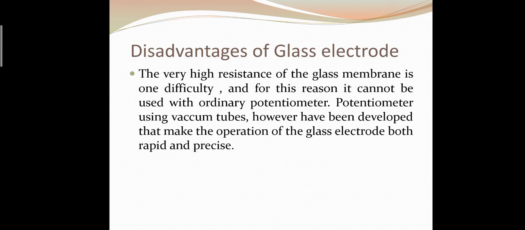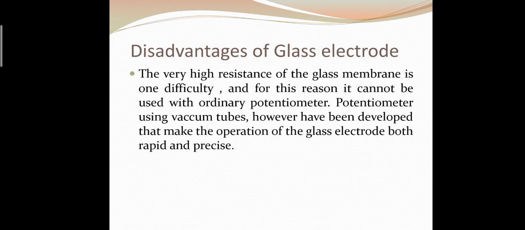Potentiometers using vacuum tubes, however, have been developed that make the operation of the glass electrode both rapid and precise. A combination of a potentiometer along with vacuum tubes can minimize this disadvantage of the glass electrode.